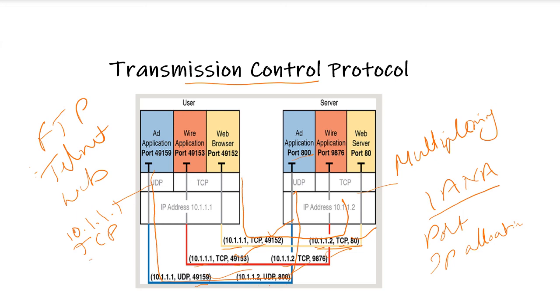Let us say, for example, that it is 52,535, and the destination would be the same, 10.1.1.2, TCP and 80. So this is one traffic going to the web server, and this is the second traffic. These are differentiated using the sockets, using multiplexing.